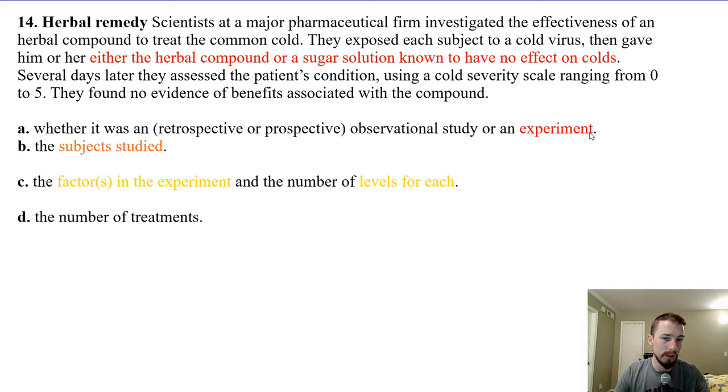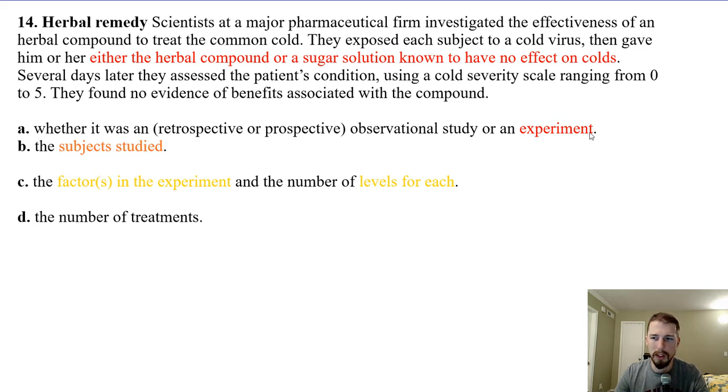All right, so was this a retrospective or a prospective observational study or an experiment? Well, in this one, they're assigning them either the herbal compound or the sugar solution. They do not mention randomization, so they didn't mention whether they had a choice of which one they got or if it was randomly assigned. So we could assume it, but they should mention that.